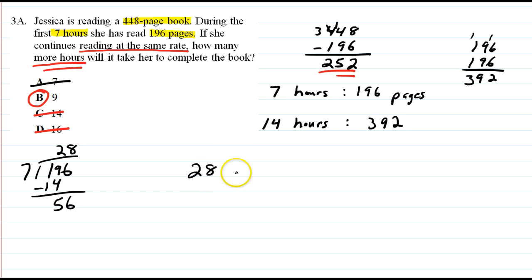So 28 pages times X, the number of hours more she needs to read, and that would have to equal that 252. And so then you would just divide both sides by 28. And so then you would get X equals 9. Now for this problem, using logic is an easier way to go about it.